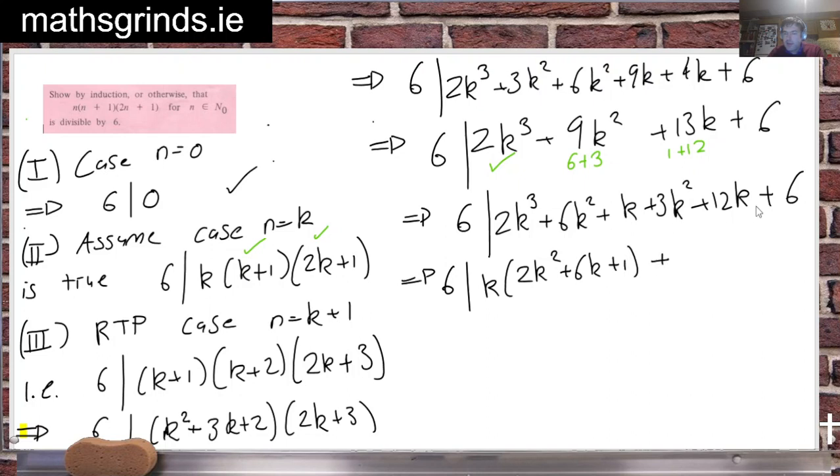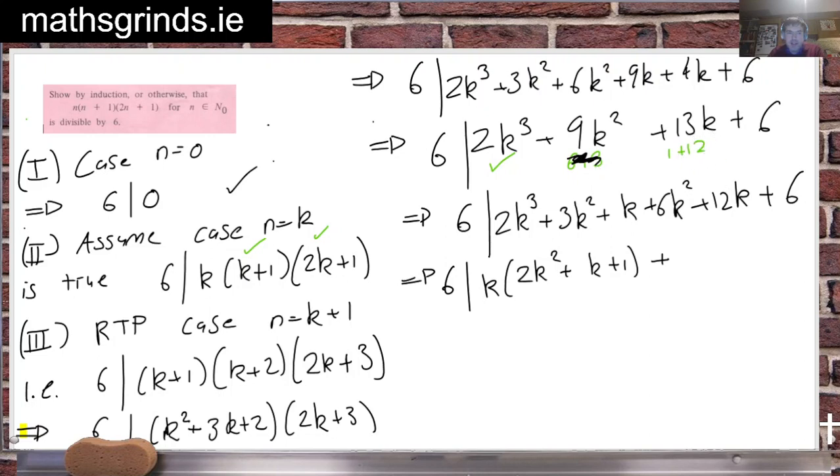And then from the back, I don't think that's right. Did I put that the wrong way around? Oh yeah, I did. 3 plus 6. So I'll just swap those. 3 here and 6 here. So I'm changing 9 into 3 plus 6, and I'll keep 13 as 1 plus 12.